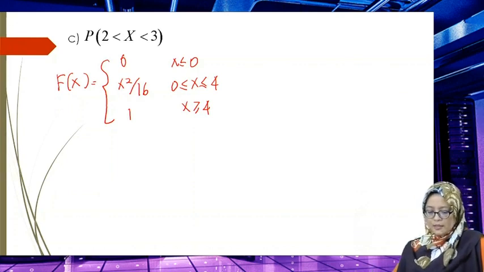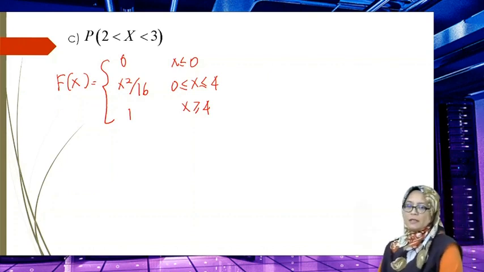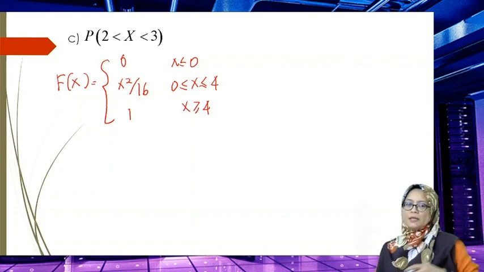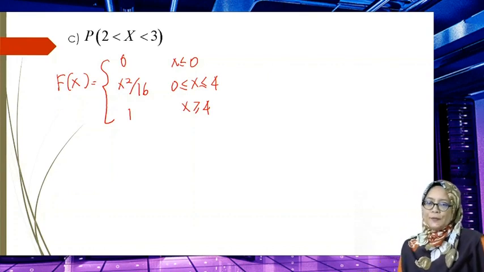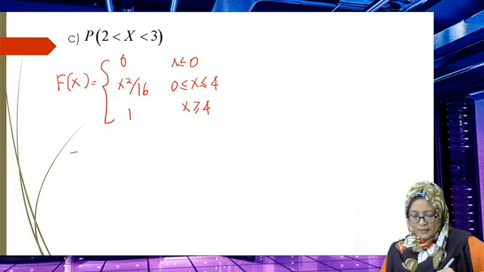Sekarang ni kita nak cari nilai. Katalah kita sekarang ni dah ada fx untuk F besar dia. Maksudnya kalau kita nak cari nilai base kepada kita punya fx ni, kita akan ganti je. Konsep bila ada F besar ni, ia akan substitute value.